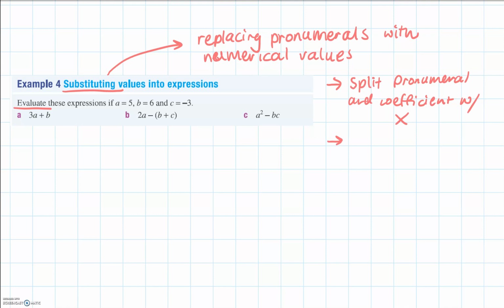Then the other note is to remember your BODMAS. Now, some of you might have been taught other ways of calling this, but this is one I remember. B stands for brackets, you do your brackets first.